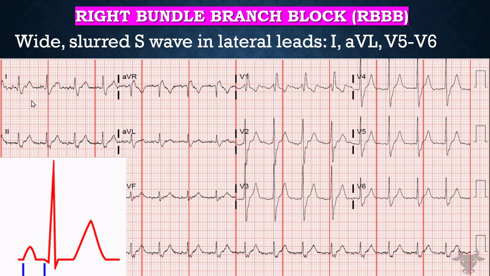Here in lead 1, V5 and V6, this is a slurred and wide S wave. In right bundle branch block you can see this in the ECG graph.